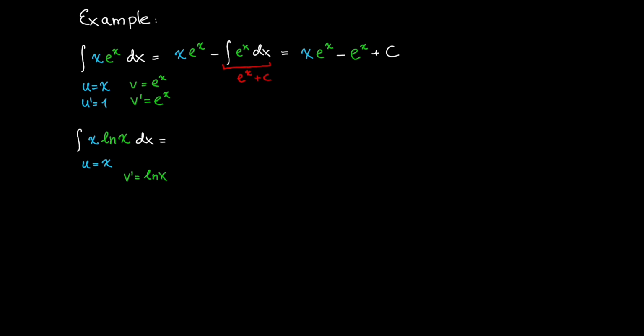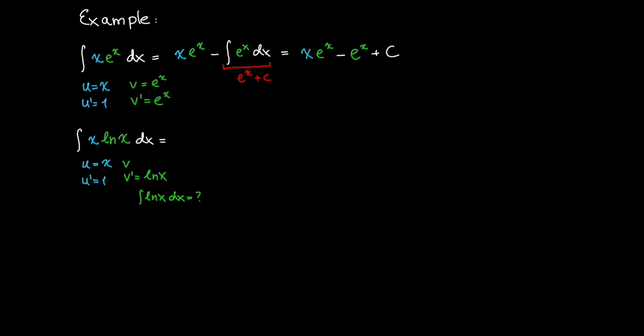However, you might immediately realize that here we will hit a roadblock, because even though we can find u prime, which is equal to 1, we are unable to find v, because we do not know what the integral of ln x is going to be.